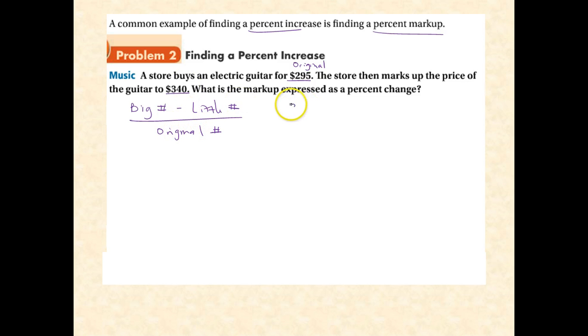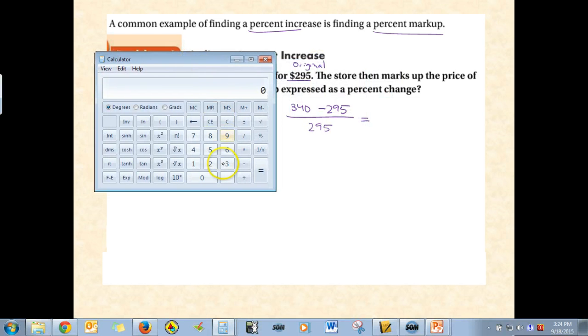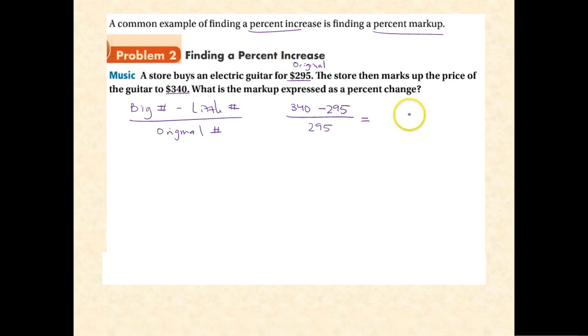The big number is 340 minus 295. The original number was 295. 340 minus 295 is 45.